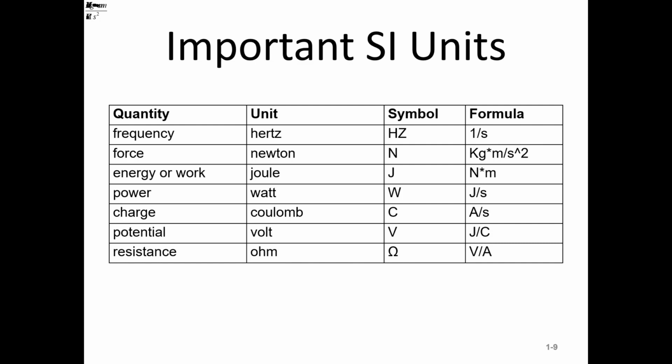So that's a joule. Work is a kind of energy. It has units of joules, symbol J, and a formula of Newton meters, right? Then if you do work over a period of time, you end up with power: joules per second, or a watt.